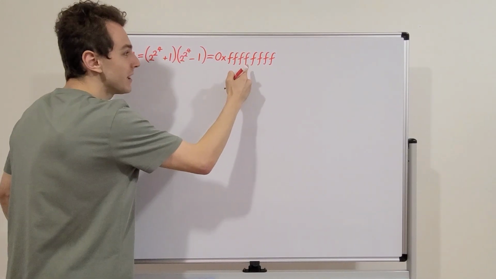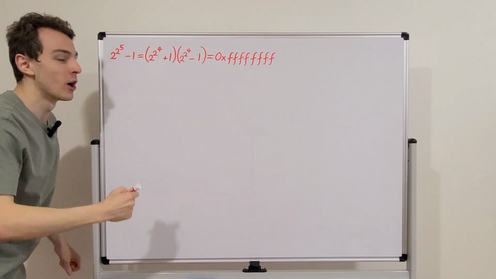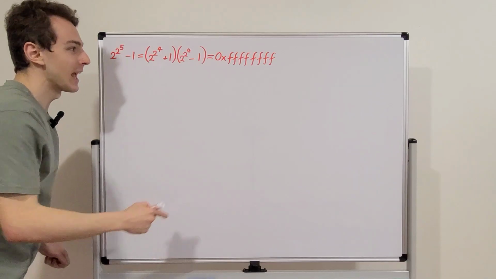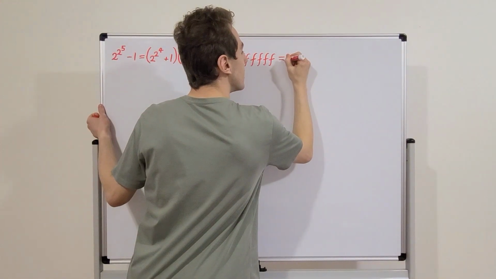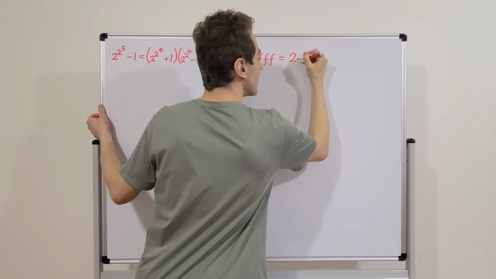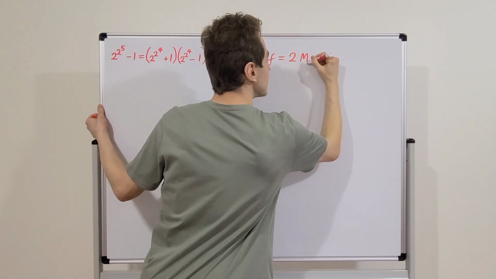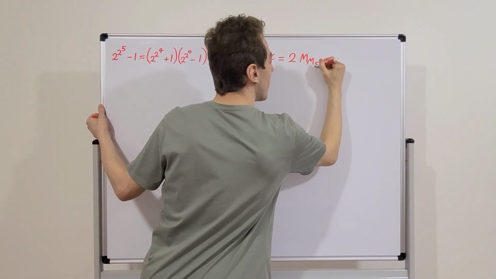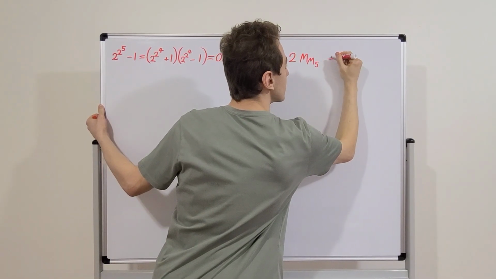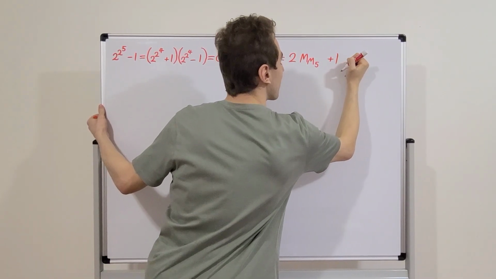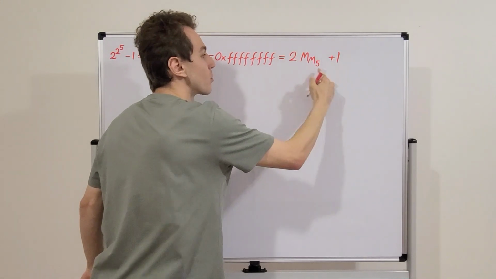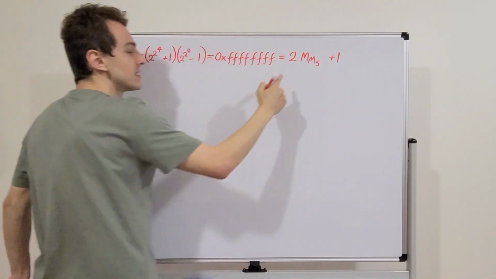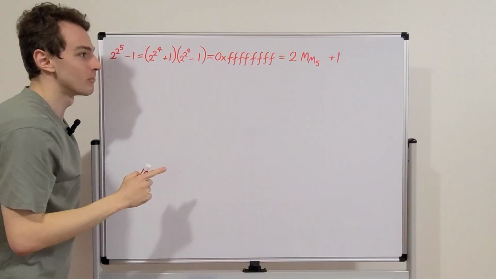So in binary, this would be 32 ones. And we can also write this quantity as 2 times M sub 5 plus 1. So this is a double Mersenne prime, and we will explain this notation later in the video.